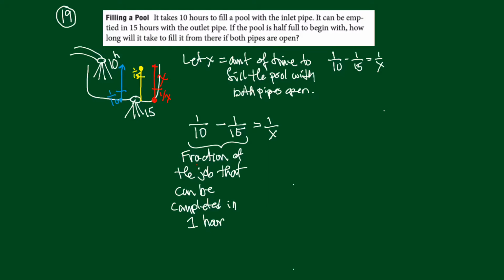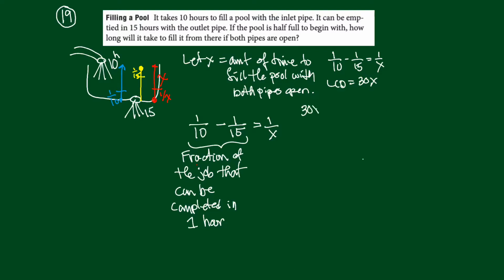Rational equation, we know how to solve it. Let's get the LCD. The LCD is 30x. Make sense? 10 and 15 will go into 30 and the x. So I'm going to multiply 30x here, here, and here. So it all looks like this then.